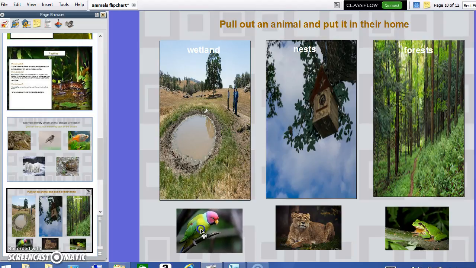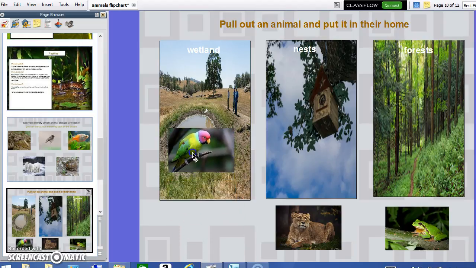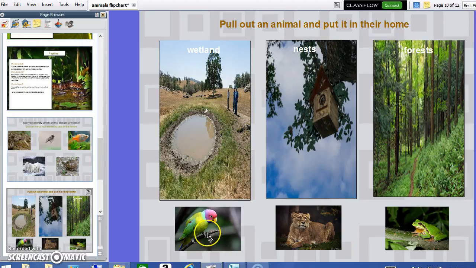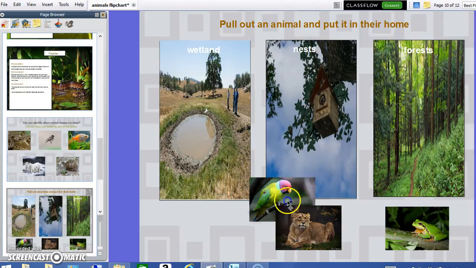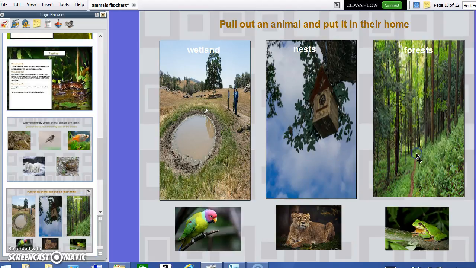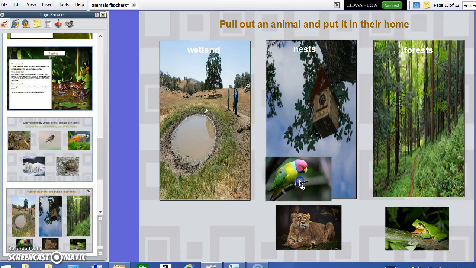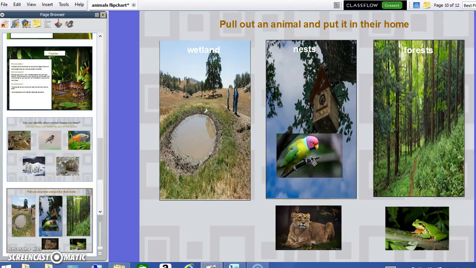If the student pulls the picture and puts it in the wetland, the picture will return because this is the wrong answer. And if he puts it here, it also returns. And if you put it in the nest, this is the correct answer.